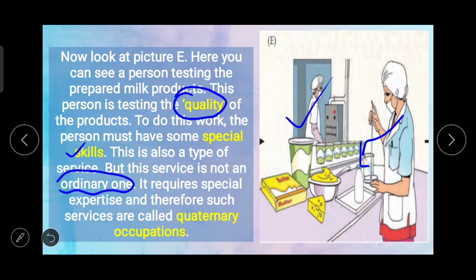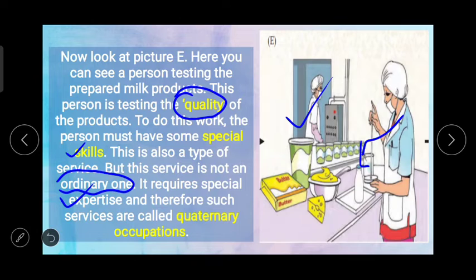It requires special expertise, and therefore such services are called quaternary occupations. क्या कहा जा रहा है इन्हें? Quaternary occupations. So we talked about primary, secondary, tertiary and quaternary occupations, in which special skills are needed, which is not ordinary one. हर कोई इसे नहीं कर सकता.